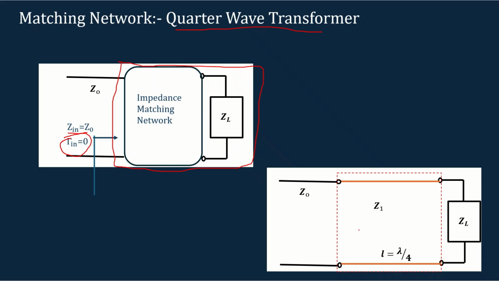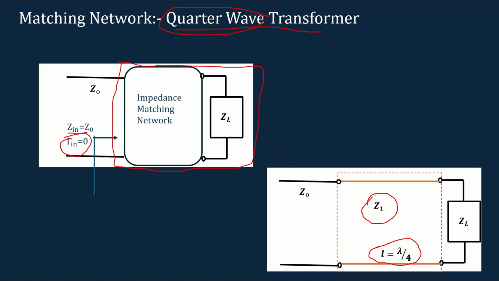The main characteristic of the quarter wave transformer, as the name itself shows, is that the length should be lambda by 4. It is a transmission line of length lambda by 4 connected between the load and the source. Another important characteristic is Z1, the impedance of this transmission line.